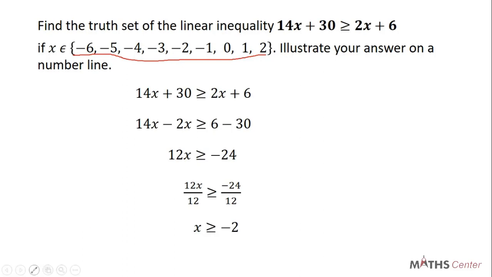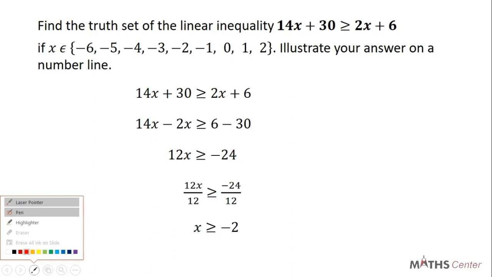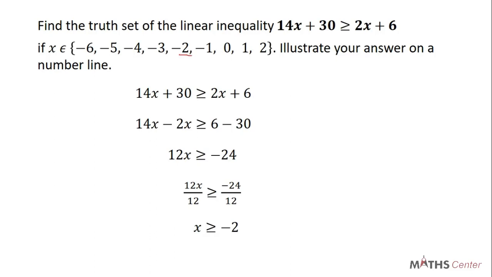So you list the members in this set that are greater than or equal to -2. Those members are -2 itself, since it's greater than or equal to -2, then -1, 0, 1, and 2.